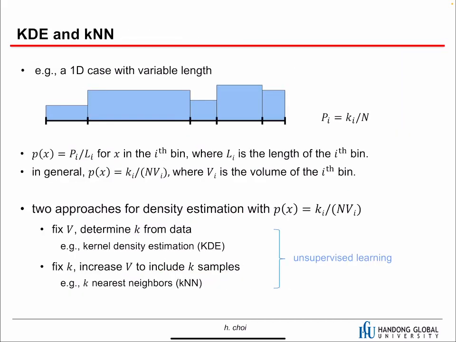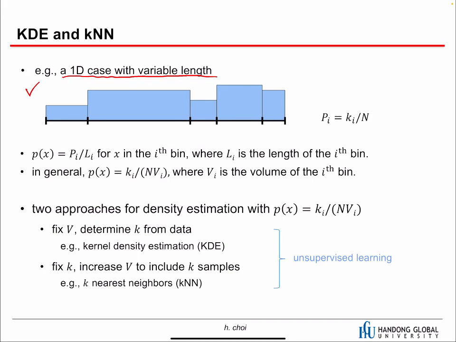Now we're going to talk about two major approaches to estimate the density with the non-parametric method. Before talking about it, I'm going to give you one simple example. We have a 1D sample space with variable length, so it looks like this.